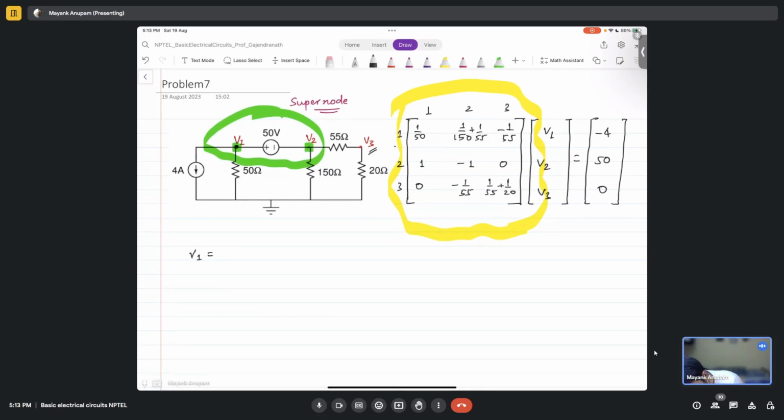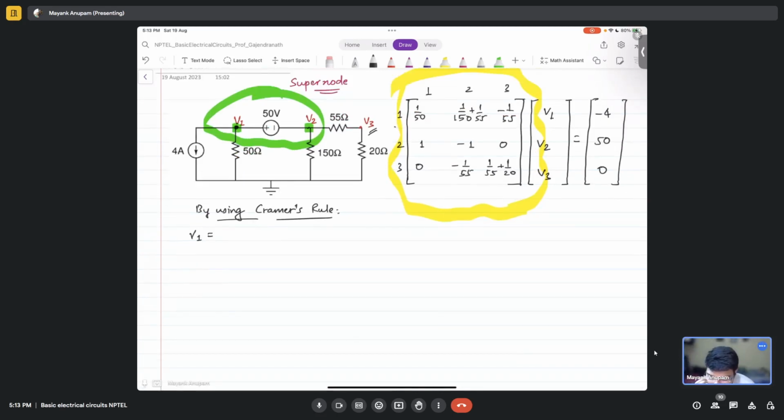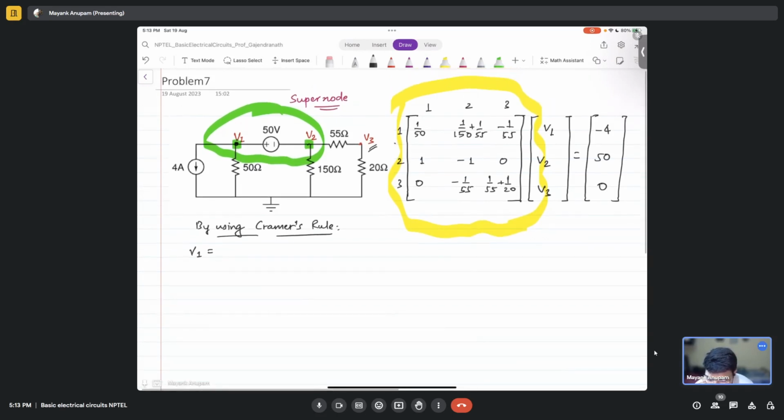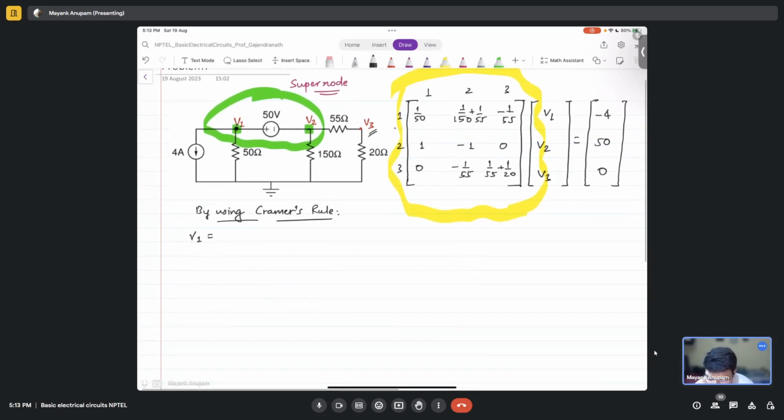What will be V1 here? It will be the determinant of this matrix, right?